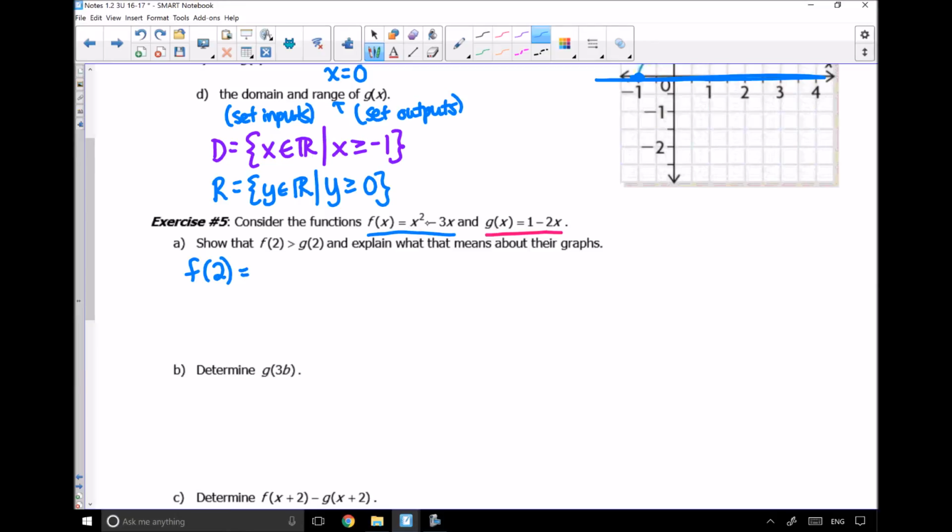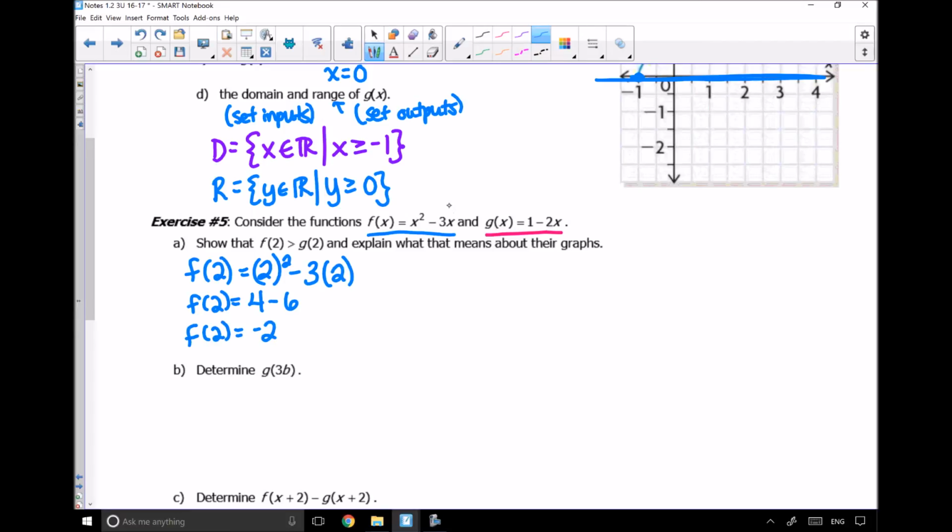This x is being squared, so I take 2 and square it, and then it says minus 3 times x, so I replace the x with a 2. That means f of 2 is equal to 4 minus 6, so f of 2 equals -2.